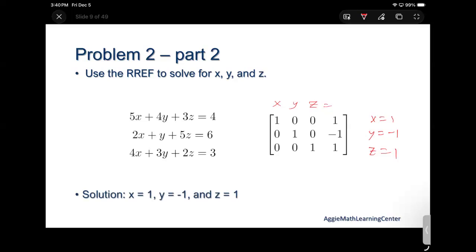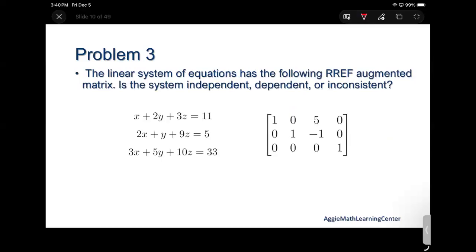So x equals 1, y equals -1, and z equals 1. Here's another example of one that they might give you. You have 1, 0, 5, 0, 0, 1, -1, 0, and 0, 0, 0, 1. If we were to write this out, this first equation is saying that x plus 5z equals 0, y minus z equals 0, and 0 equals 1. 0 cannot equal 1, and so therefore this one is inconsistent.